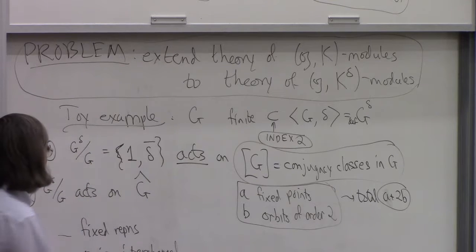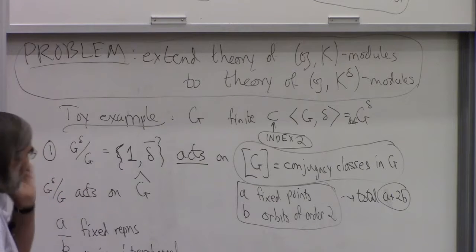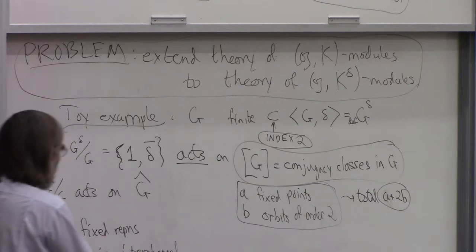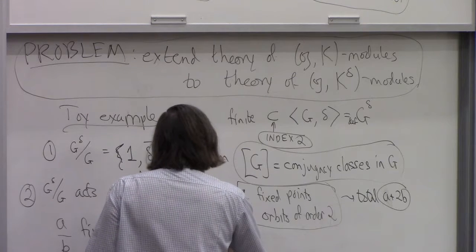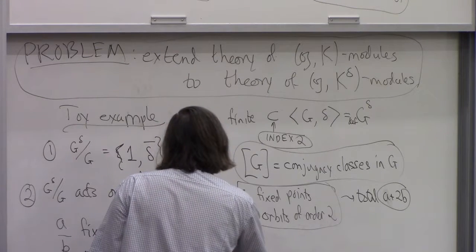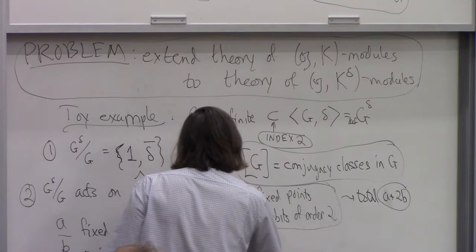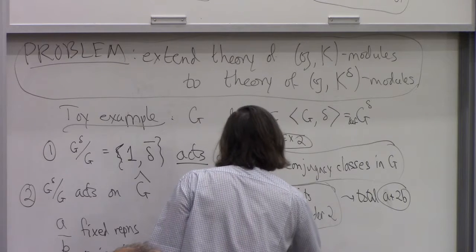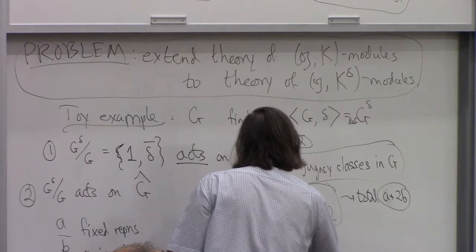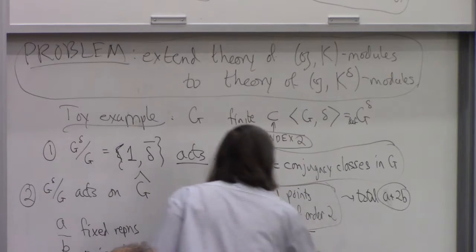And the numbers are exactly the same. The reason is the delta bar fixed class functions on G. So that's a vector space.